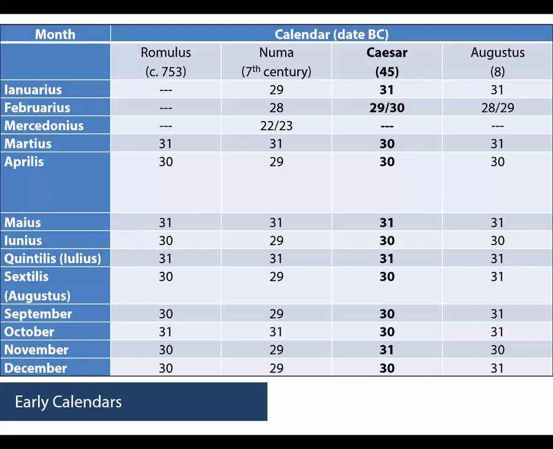And then I have bolded Caesar's column, and then Augustus in 8 BC did some minor adjustments. There is also some dispute amongst the scholars of calendars as to whether or not the dates that are attributed to Caesar were actually his, or if they were actually what Augustus finally came up with or started with and then altered, as you can see in February.